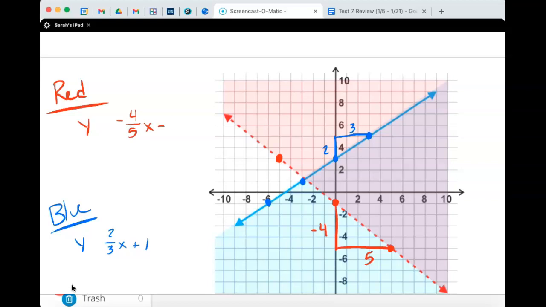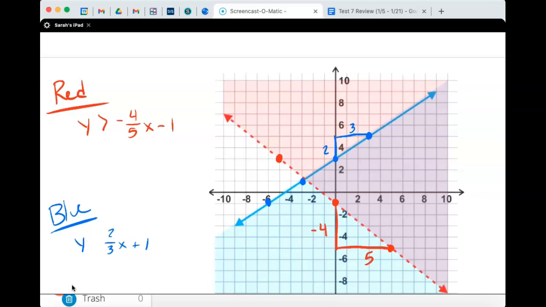It was -1. Since this is dashed, what kind of symbol should it be for the red one? If it's dashed, just less than or greater than. We're shading above this line, which is also hard to see, so if it's above, it's probably going to be greater than. I'm pretty sure that's right.